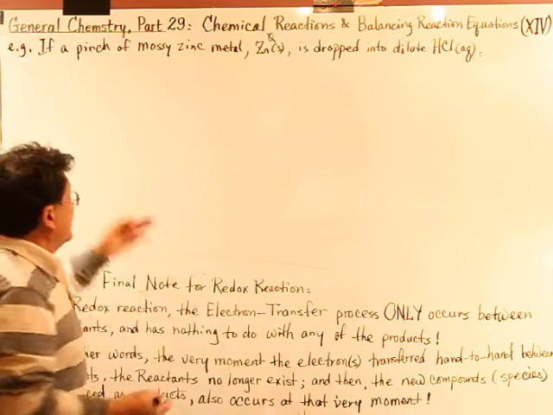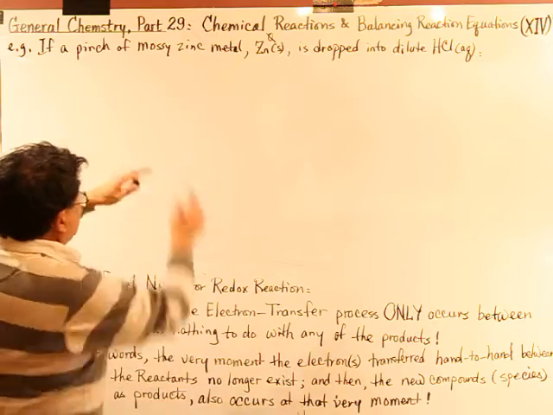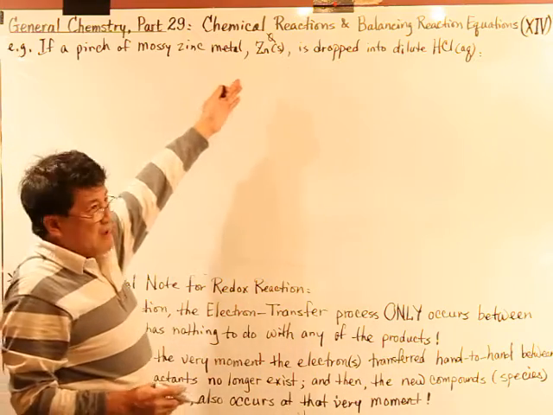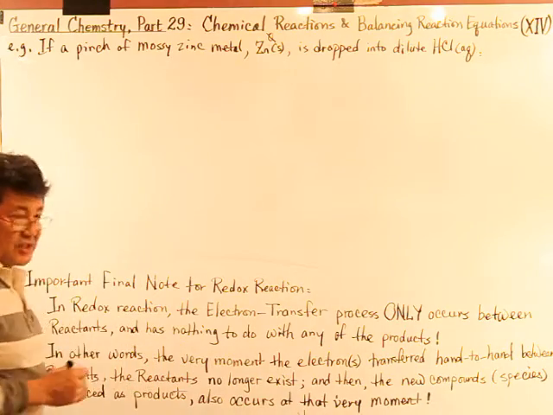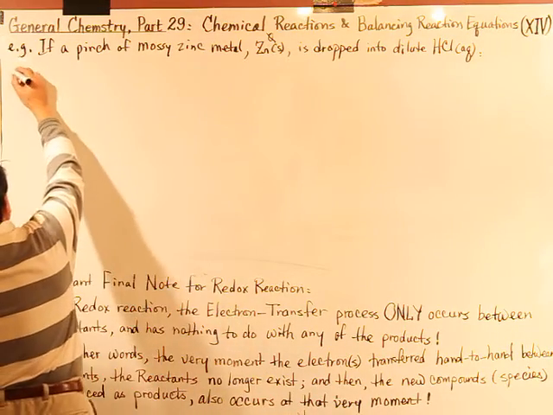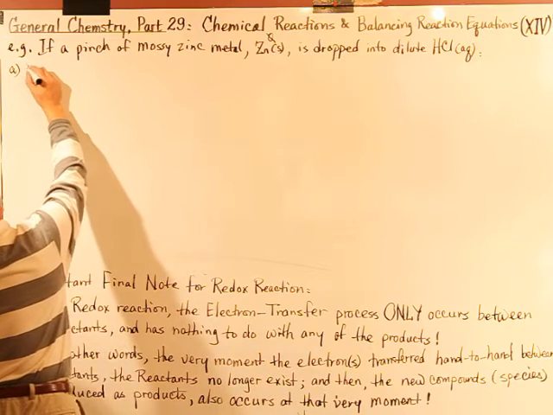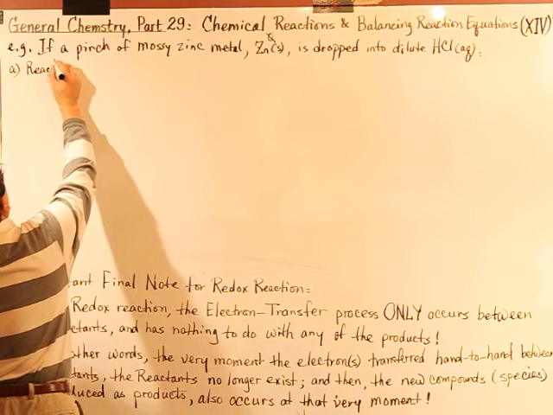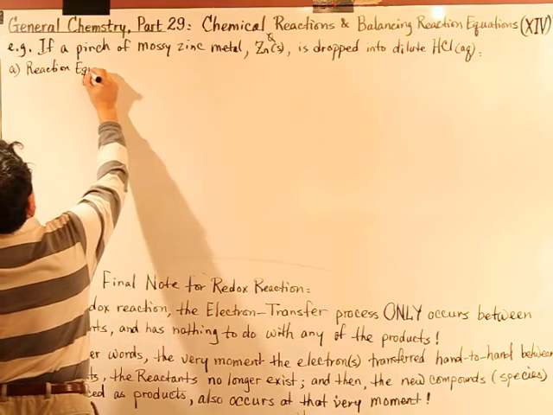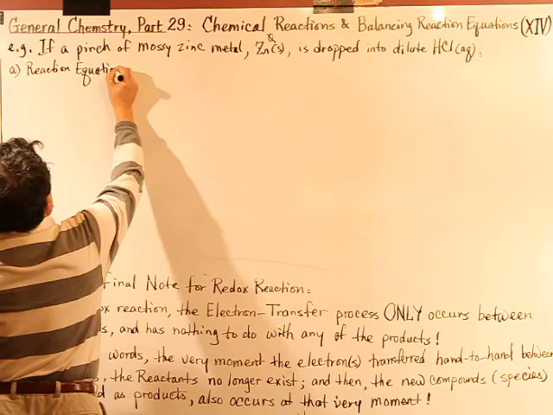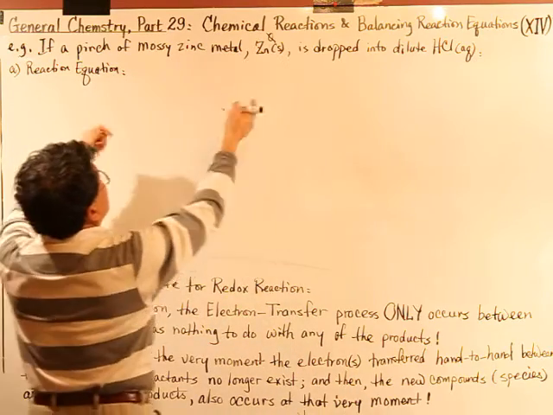What happens? So you have two reactants. One is solid metal, zinc. Another is dilute aqueous hydrochloric acid. So the reaction equation, right? It's going to be the zinc.